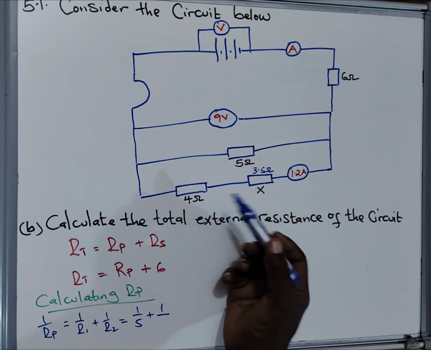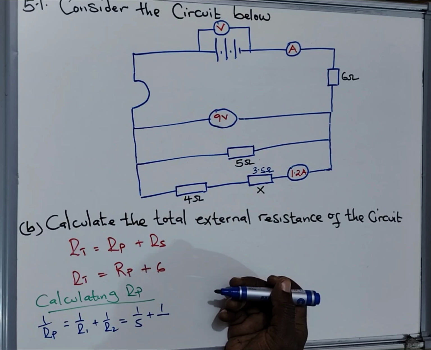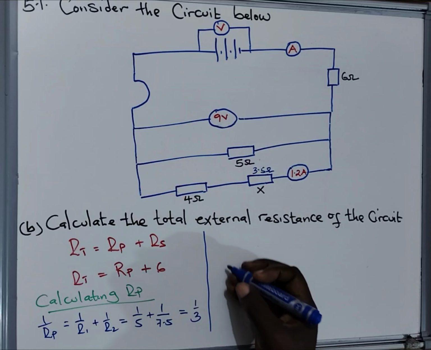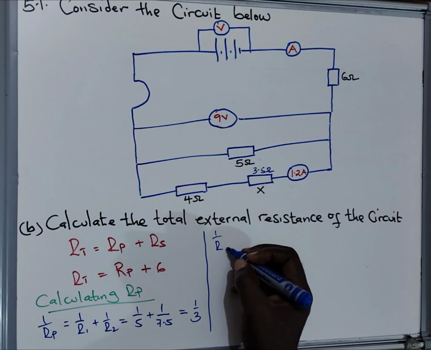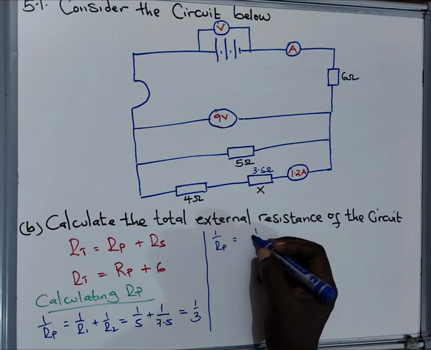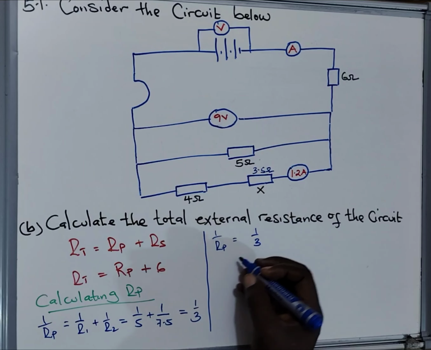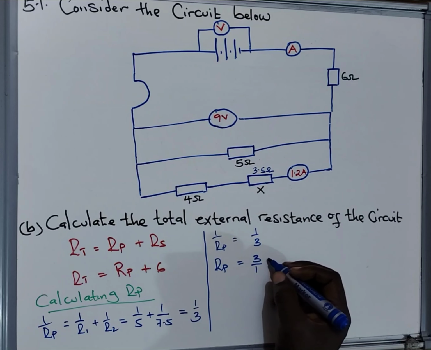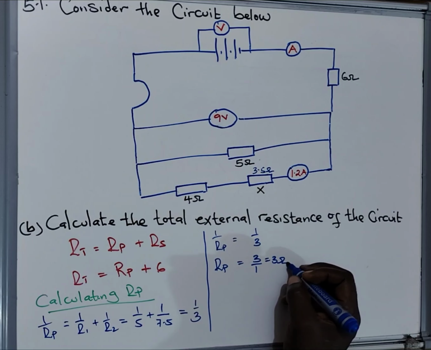So 3.5 plus 4, you get 7.5. So this one is going to be 1 over 7.5. So this is what you get, 1 over 3. So 1 over RP is equal to 1 over 3. This means that RP is equal to 3 over 1, giving you 3 ohm.